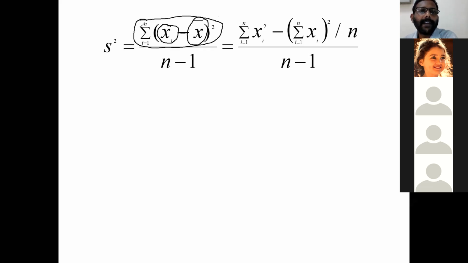What do you mean by summation? It is adding up the deviation of each and every observation in the data. Then you have the square, divided by n minus 1.